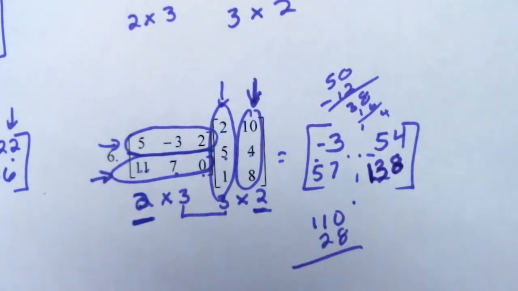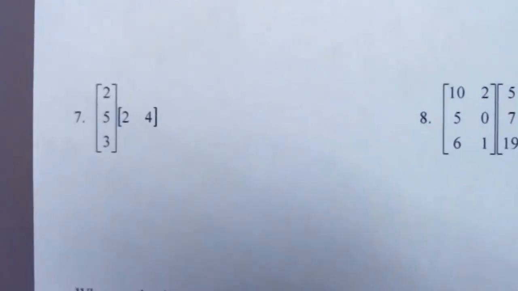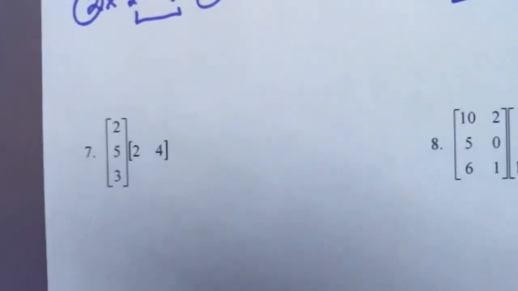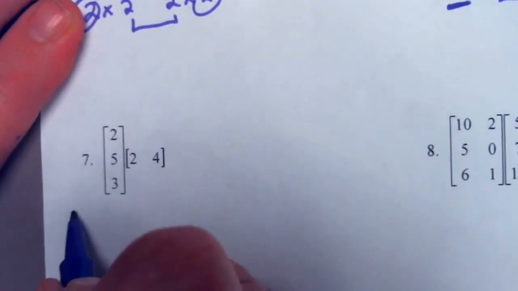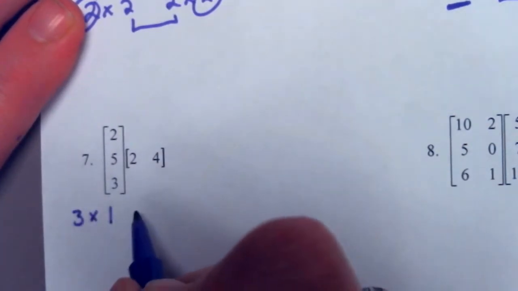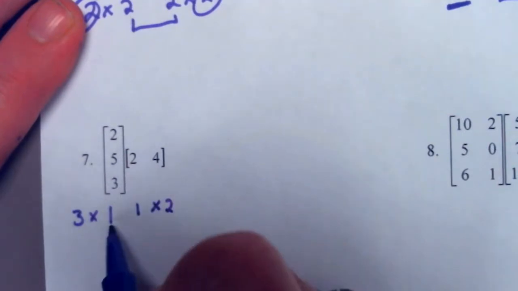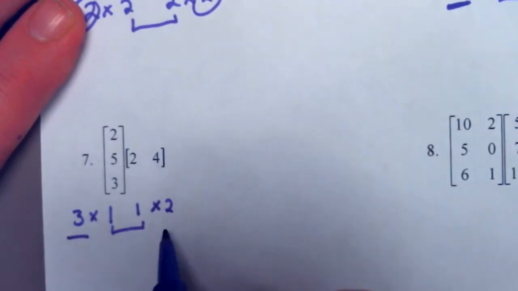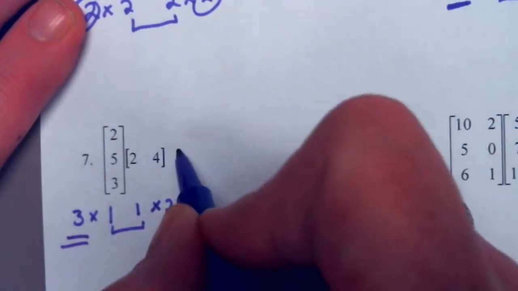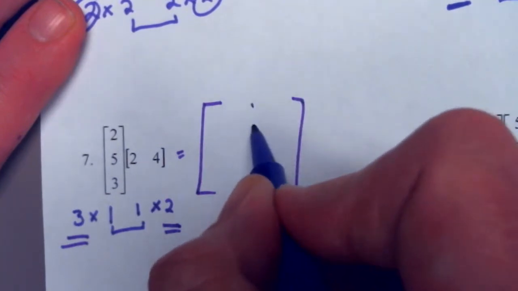Only a couple more left to do. Number 7 is actually one of the harder ones. It looks simpler because there are fewer numbers, but this has 3 rows and 1 column, and you're multiplying it by something with 1 row and 2 columns. The dimensions match where they need to, but the result is going to be a 3 by 2, so 3 rows, 2 columns.